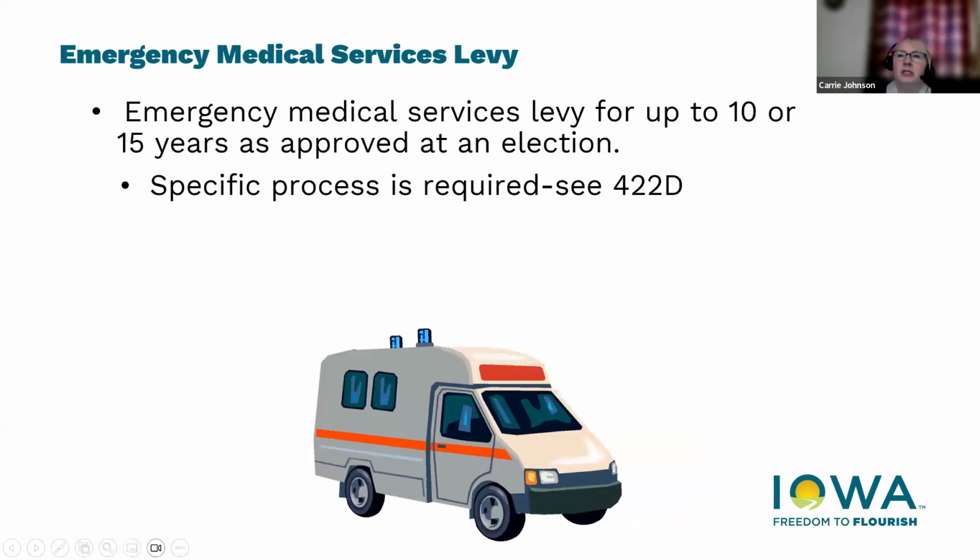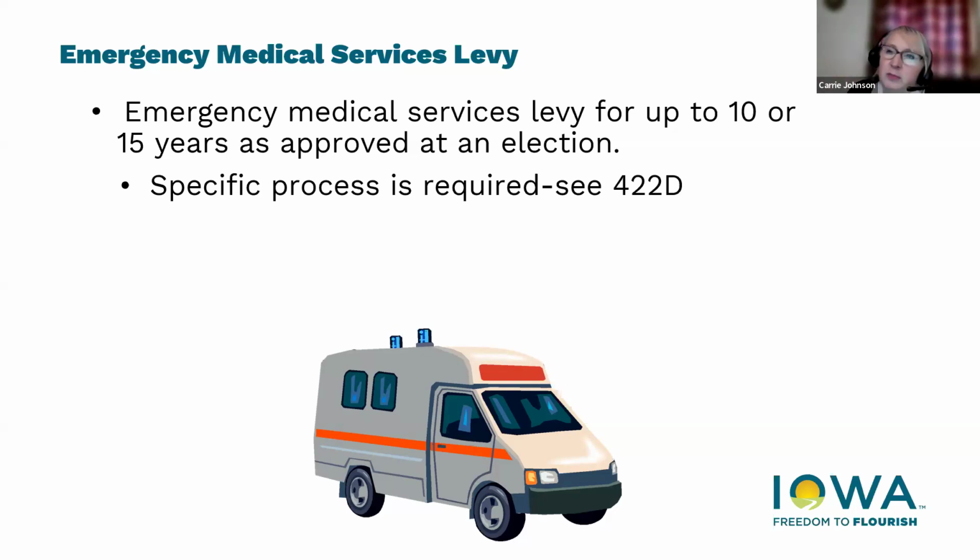Emergency medical services has certainly been a more widely used levy in the past handful of years. They did some legislation a couple years ago to make it more usable. If we're talking about a countywide levy, it's authorized under Chapter 422D. I know there are some folks that are levying for it for the first time; it requires an election. They had elections and they're levying for it for the first time in fiscal 26.